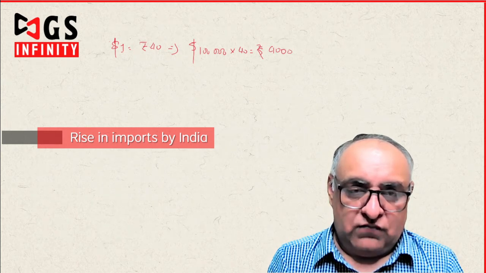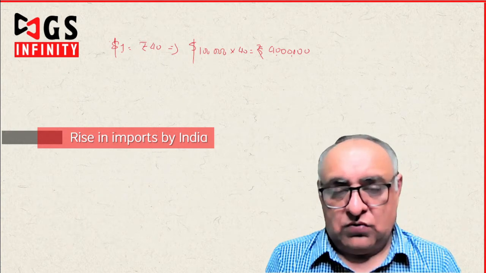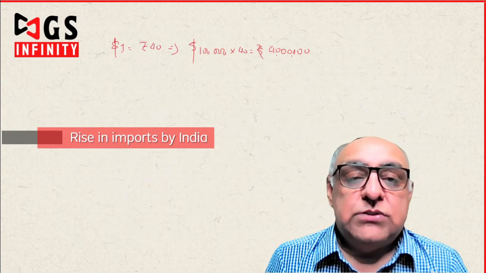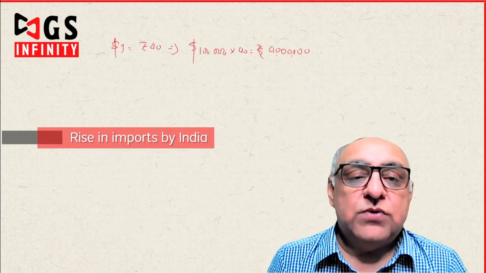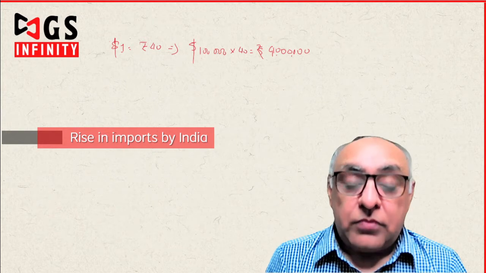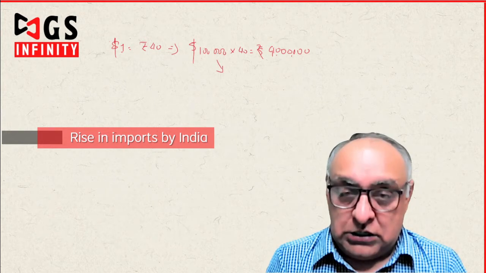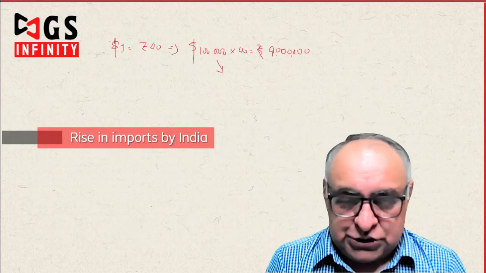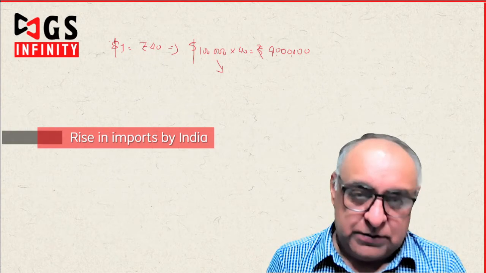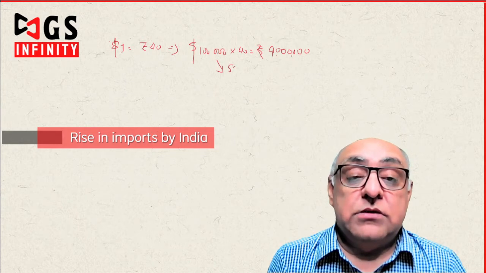Now let's suppose the dollar has appreciated and the rupee has depreciated, so now $1 is equal to rupees 50.